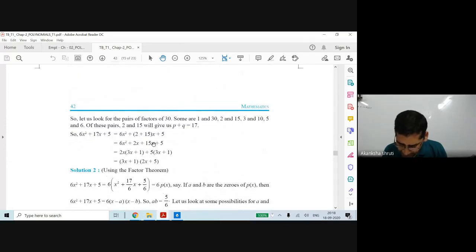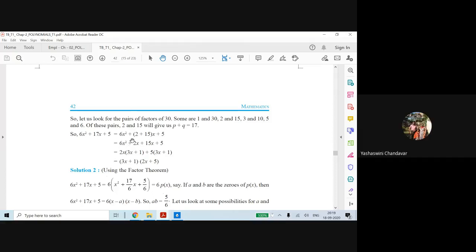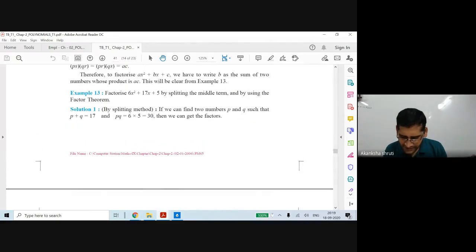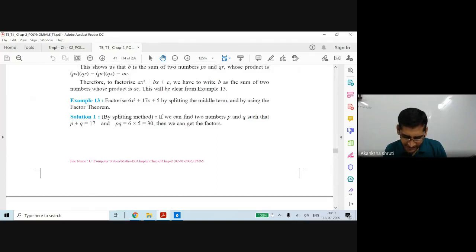See student, this middle term factorization is given here. Okay, it is in your book. Are you getting this point? Yes, sir. हाँ, तो ये देखिए आपके बुक में है. बहुत बार हमारे बच्चे ऐसे समझते हैं कि नहीं, ये हमारे बुक में नहीं है सर, ऐसा पढ़ाते रहते हैं.